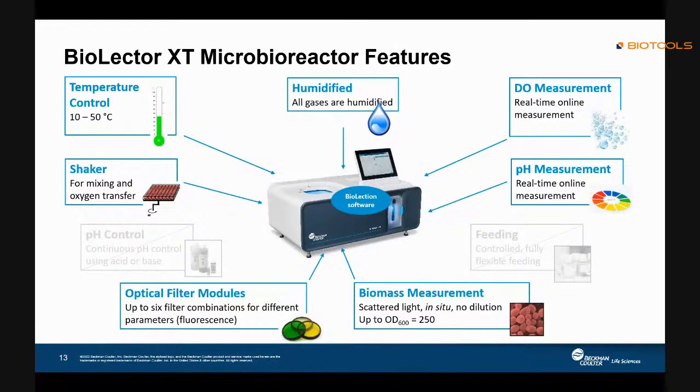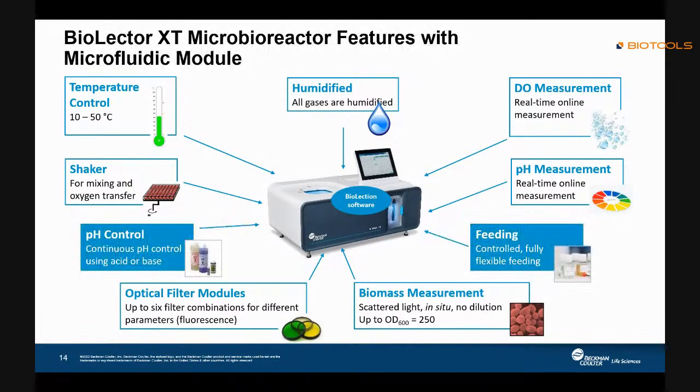So this is the basic feature, and we have an optional module, which we call the microfluidic module, which adds two additional methods. One is pH control, and one is feeding. The microfluidic module controls the amount of different reagents added to the wells. I will have a little bit more discussion on that.